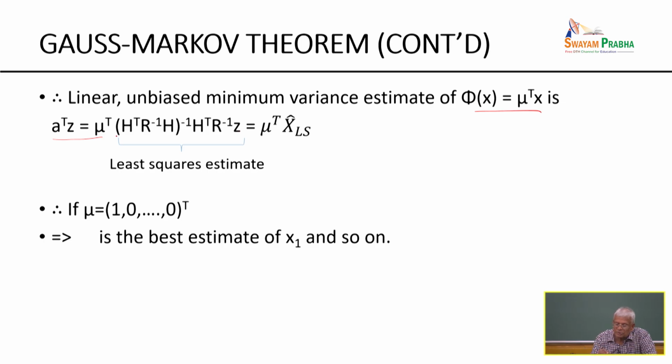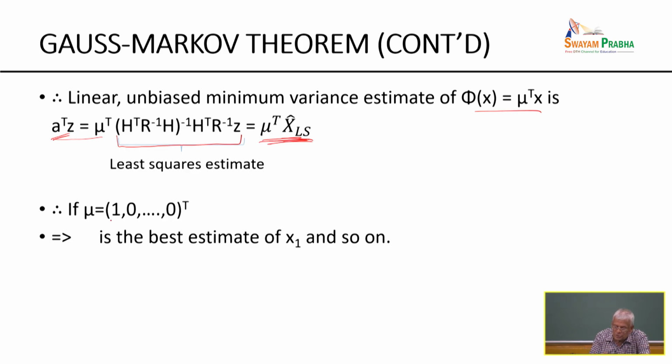But this one, the one that is given in here, that's the least square estimate for the weighted case. Therefore, A transpose Z is equal to mu transpose x hat LS. So we have now shown that A transpose Z is an unbiased estimate, is a linear estimate, and its variance is also minimum, and the value of that estimate is given by that.